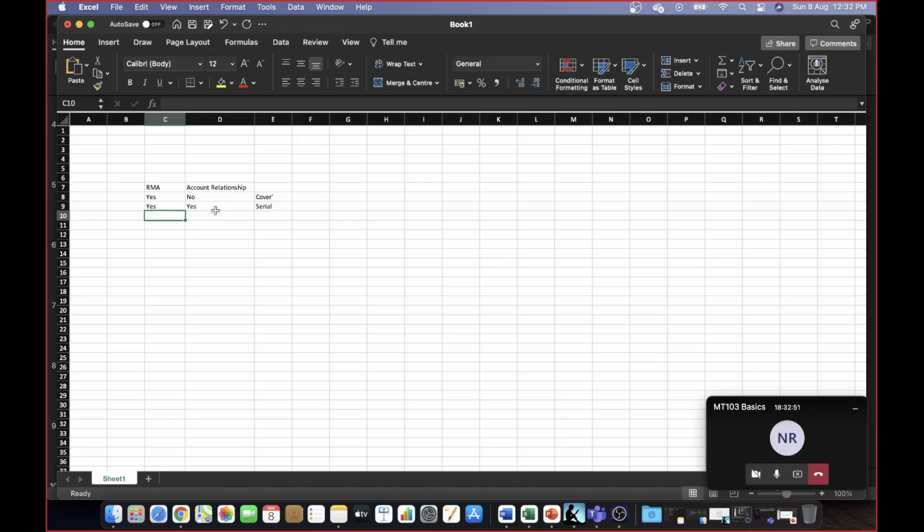For people who are not able to see my screen, I apologize because I'm just creating an Excel box to show this. If RMA is no and accounting relationship is no, we have to use serial. And if RMA is no and accounting relationship is yes, this is not applicable at all. I have never seen this case number 4, where we have an accounting relationship without an RMA. So the first 3 cases are true.